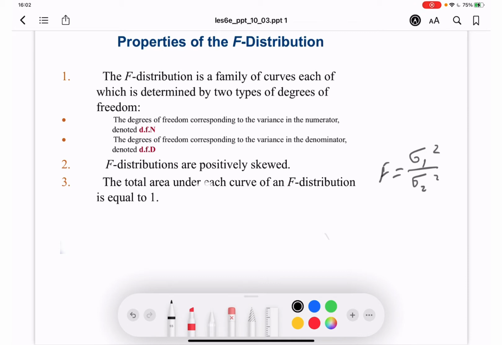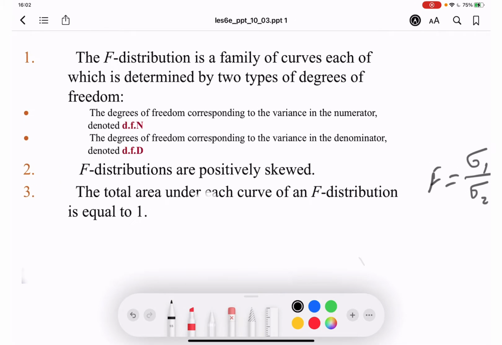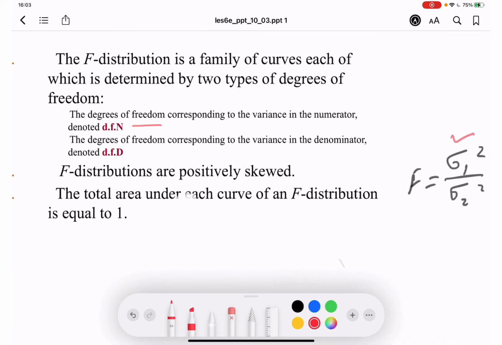The F distribution is a family of curves, each of which is determined by two degrees of freedom. One is the degree of freedom corresponding to the variance in the numerator, and the other is the degree of freedom corresponding to the variance in the denominator, since we are testing two variances, so the degree of freedom for sigma 2 squared.